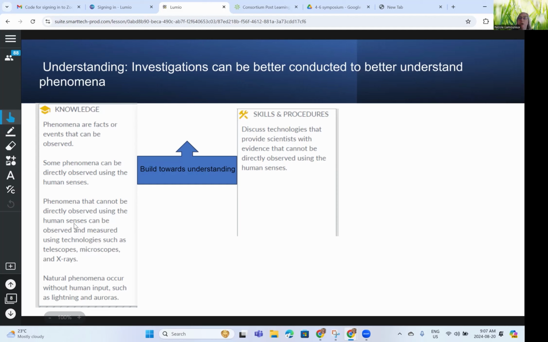But what I want to highlight is matter, because now in matter, they're introduced to the particle model. Well, that's too small. We can't see an atom with the naked eye. That's an example, right? Like what things in the world we live in, our three-dimensional world, are made of. And sometimes the scale is too big, like the solar system. So we need things that help us make better observations, and technology is towards that.